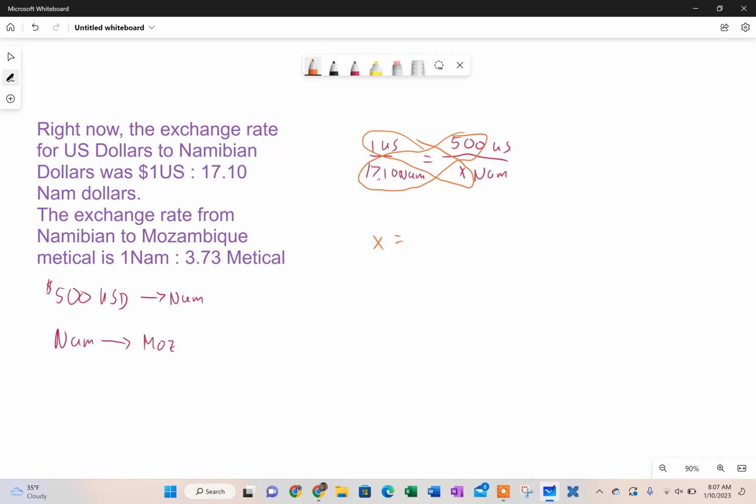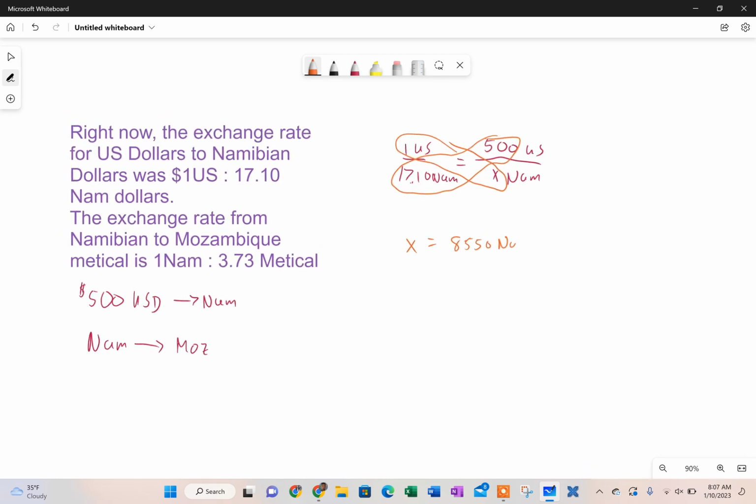Now I'm going to multiply 500 times $17.10, which gives me 8,550 Namibian dollars.